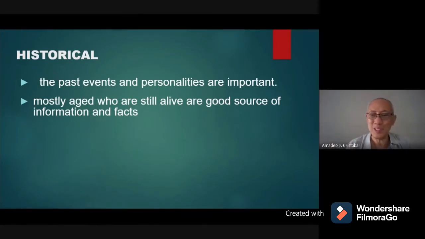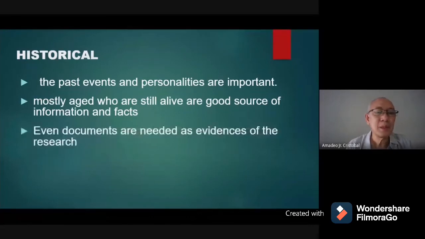So when you do historical studies, those people who lived for a longer period of time, you can ask them for the data. Even documents are needed as evidence of the research.